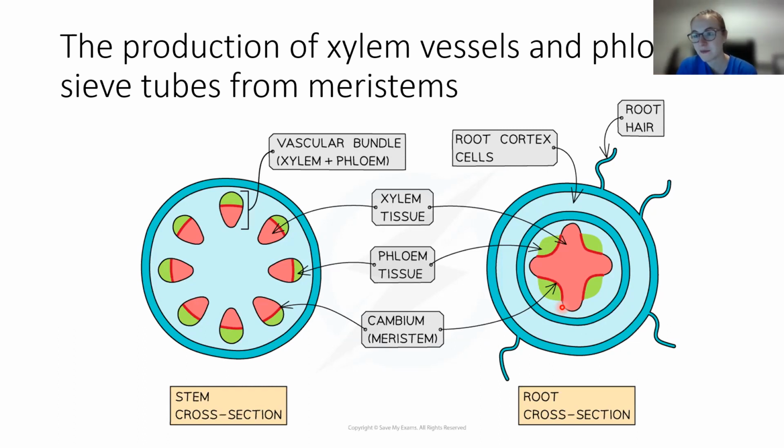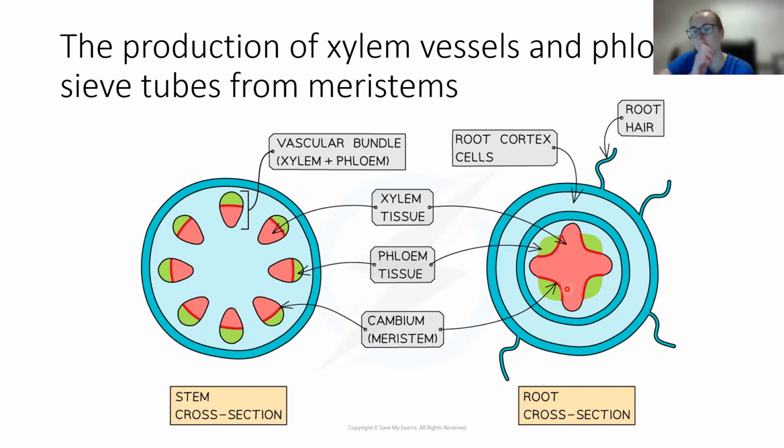They're found in the stem, in shoots and in roots as well. In the stem, it's in between the xylem and the phloem. And in the root, it's right on the edge of the xylem, so again in between the xylem and the phloem.